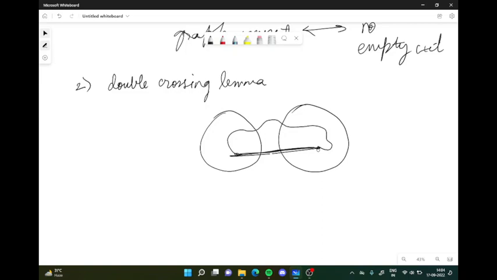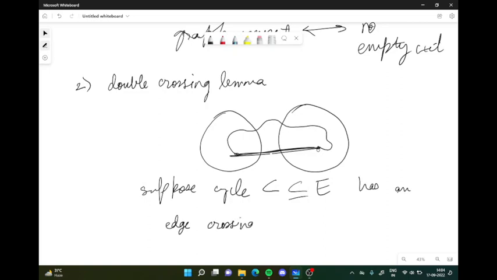So let me put it in words. Suppose cycle C belonging to the edges has an edge crossing this cut, right?